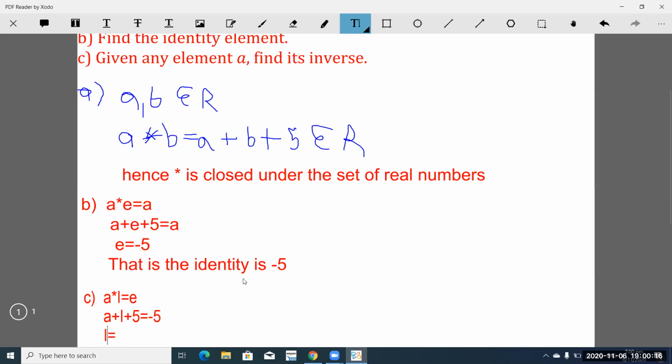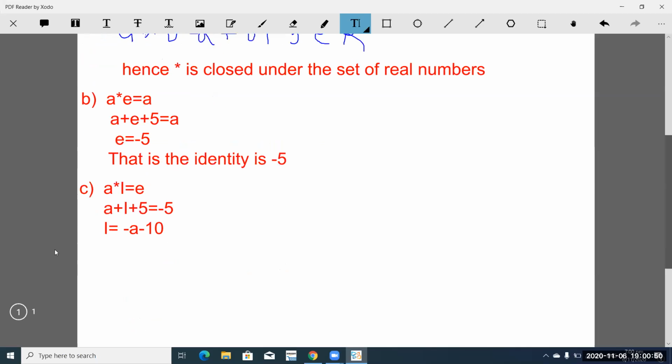I is equal to negative A, because you're making it the subject, plus negative 5. So I is just equal to negative A minus 10, right? Yes, sir. Nice. We're done.